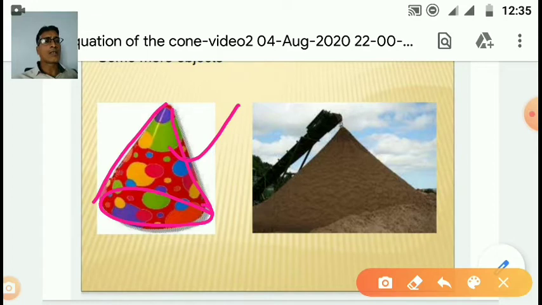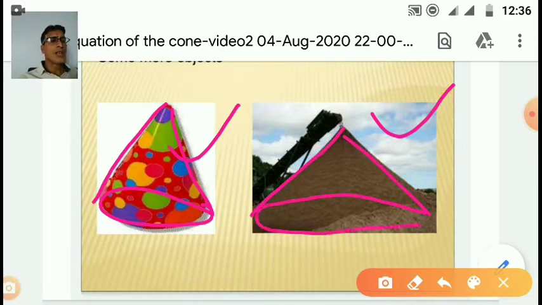See this. And you can see here also. If you keep some material like sand or gravel on the ground, what shape does that material take? Actually, the material takes the shape of a cone. You can see a cone shape here. Actually, there is a reason for that.